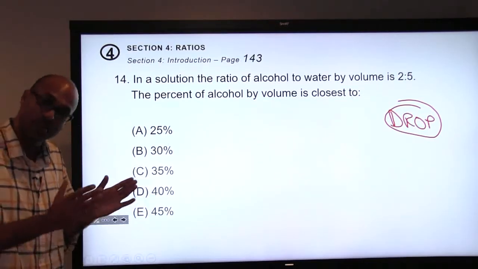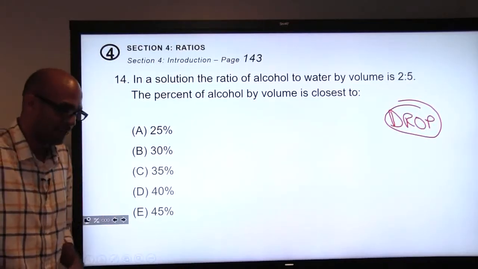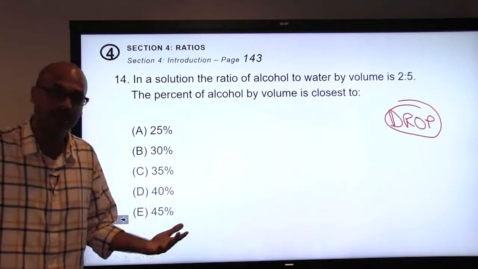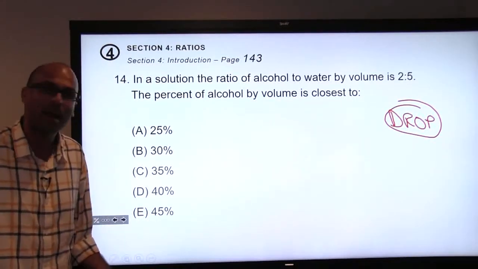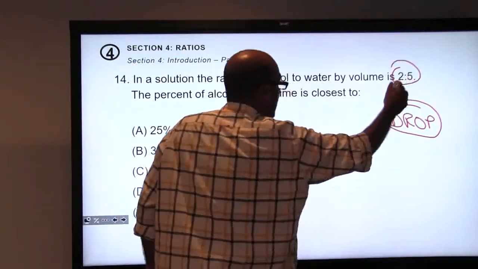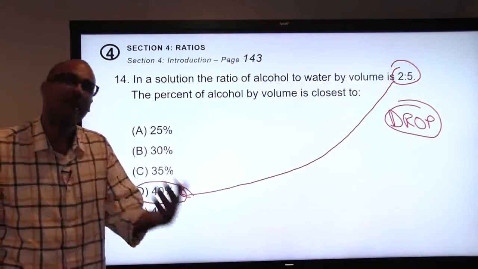Now, a little bit tongue-in-cheek, but think about this for a second. Forget the respect for the GMAT, forget the respect for the test maker. Bring some respect for me here. I'm teaching your class. Why would I give you a minute and 30 seconds to tell me that 2/5 is 40%? This isn't my first time teaching.